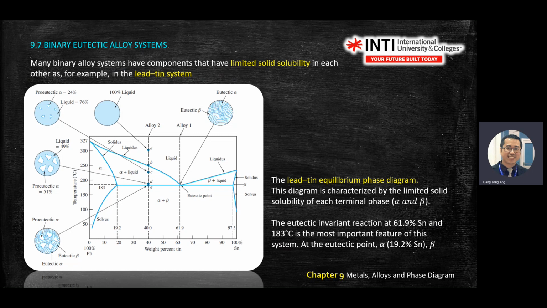At 183 degrees. You can see there is a straight line over here. It's called the tie line, a very long tie line. When it comes to your assessment, always look for the tie line. You'll be given a temperature, then look for the tie line.